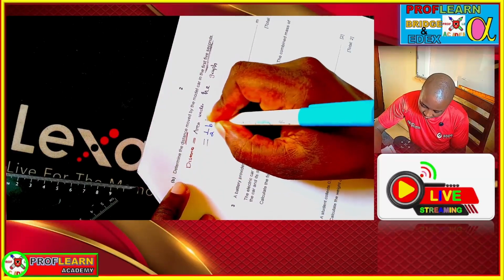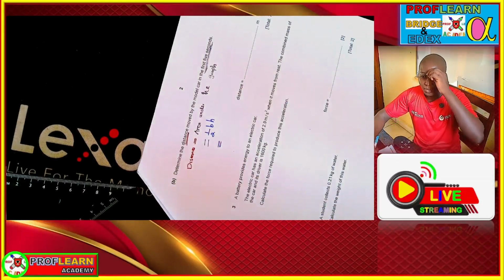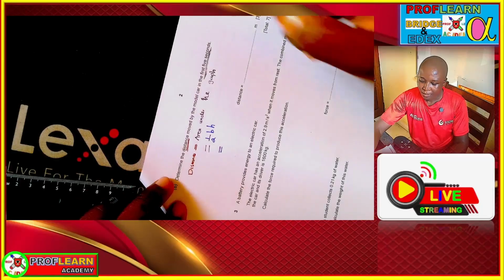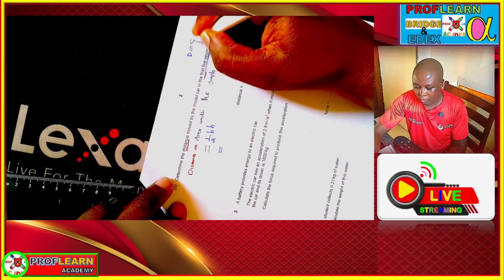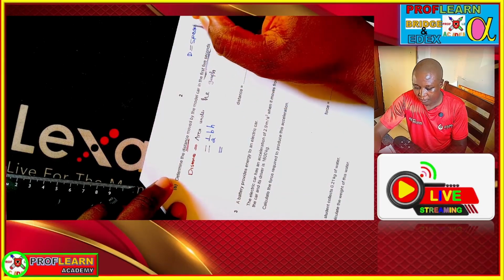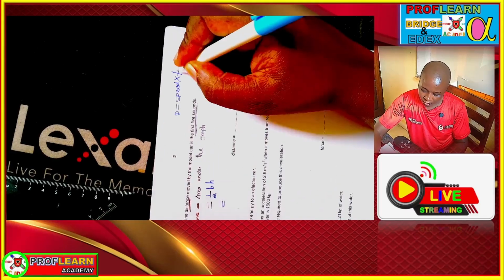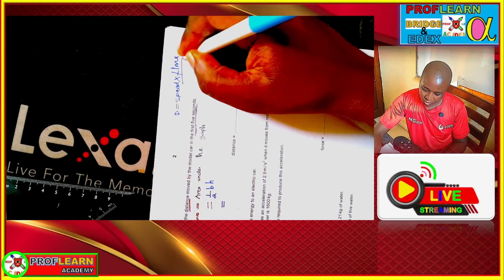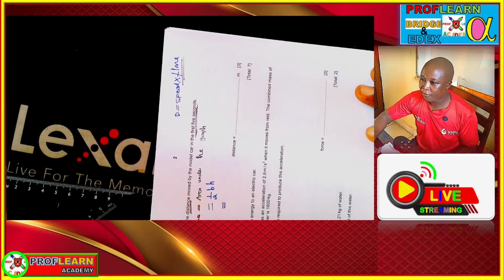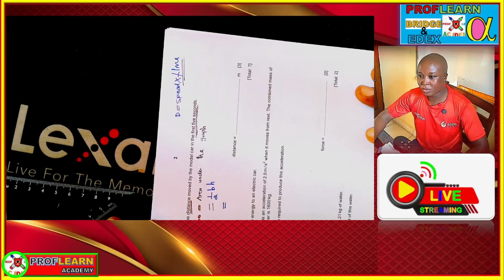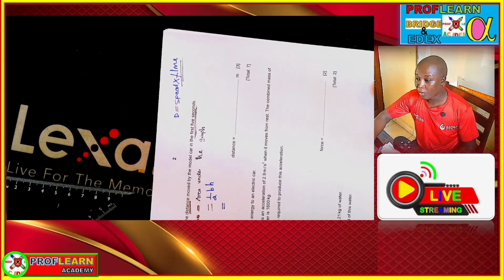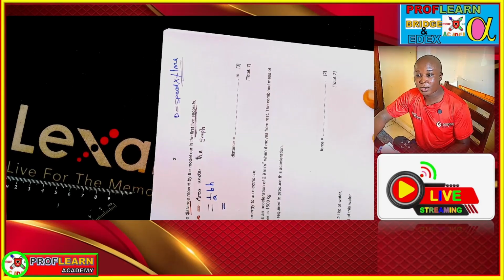So don't fall into a trap of saying that distance equals speed times time. Don't fall into that trap, because in this case we are trying to find motion. We are finding motion using what? A velocity time graph.